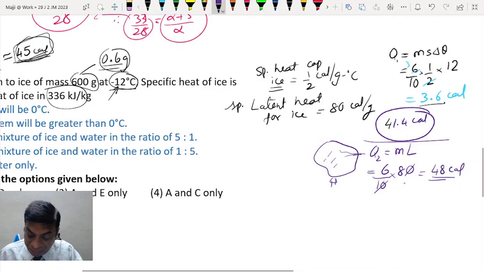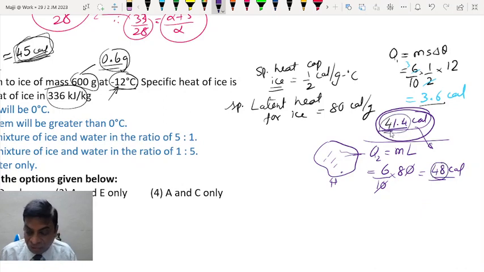Whereas the amount of heat available is roughly around 40. So most of the ice will melt, because the requirement is 48 and it's already getting around 41 or 42. So around 5 parts of the ice will melt and only 1 part of the ice will be left as it is.